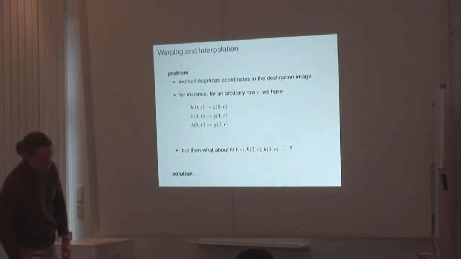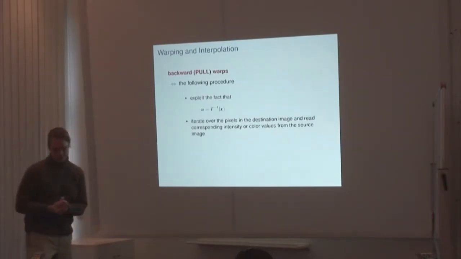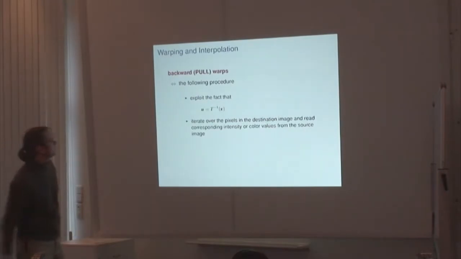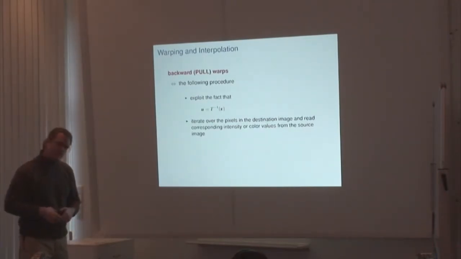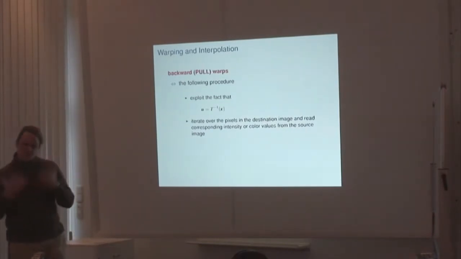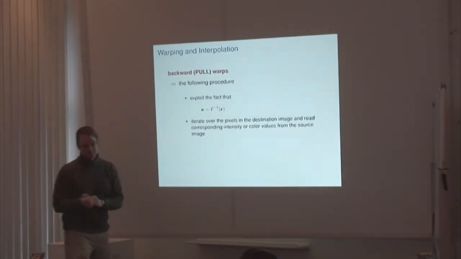But there's a solution, and this solution is called backward or pull warps. This term refers to the following idea. We exploit the fact that these transformations we are interested in hopefully can be inverted.